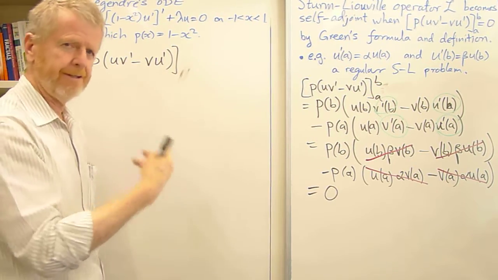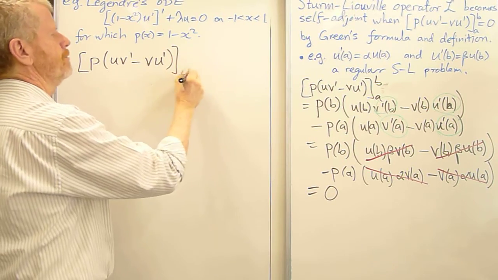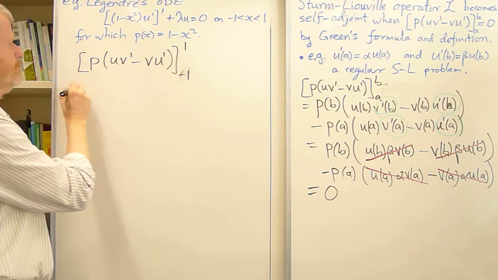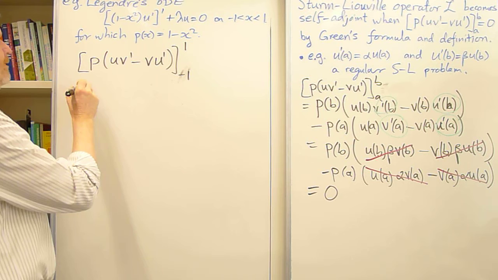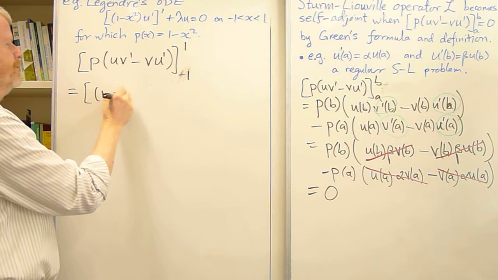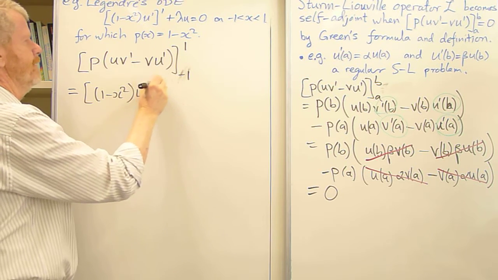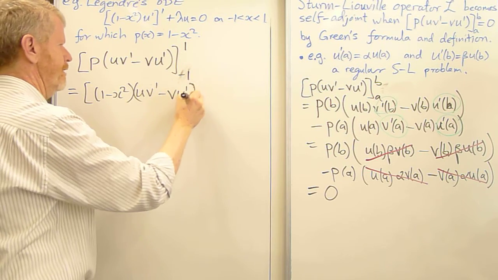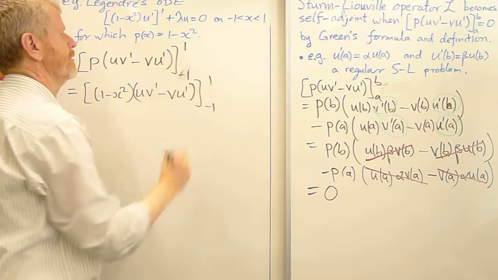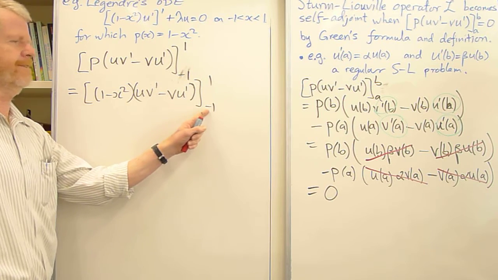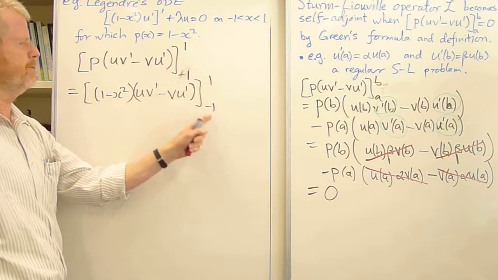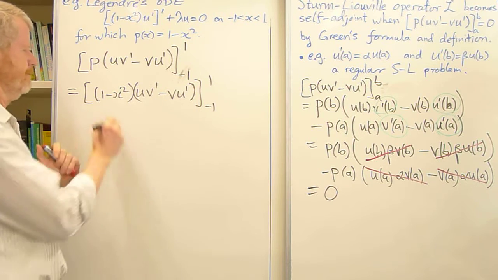Now, here the interval is a equal to -1 and b equal to 1. Well, here this is (1 - x²)(uv' - vu'), evaluated at x equal to 1 minus x equal to -1. And the thing you note is that at x equal to 1 and -1, this 1 - x² is 0.